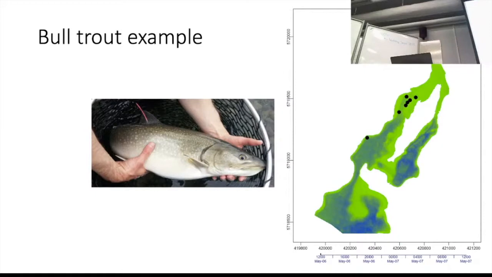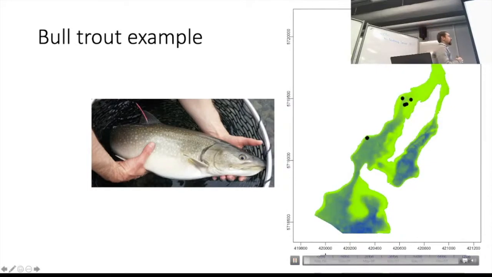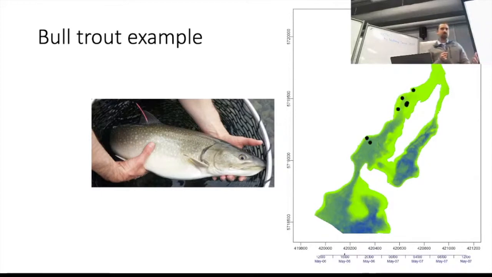This was a VPS study that we did. And this video is over a 24-hour period of these bull trout, and it starts at noon. What you can see is that there are a lot of different dots, and that's because we're getting good position estimates of these animals throughout the day. We do not have too many animals in the system at this time.